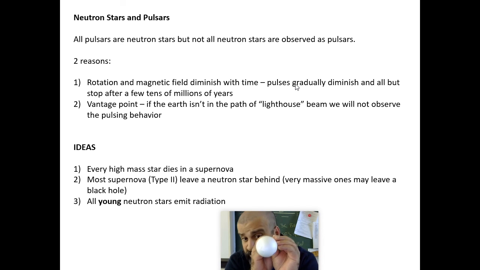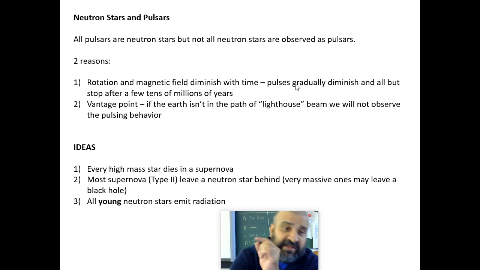They're not pointing towards the camera. So it's still a pulsar, but not to us. We can't see the radiation beam. So that's number two, the vantage point. If the Earth isn't in the path of the beam, we will not observe the pulsing behavior.